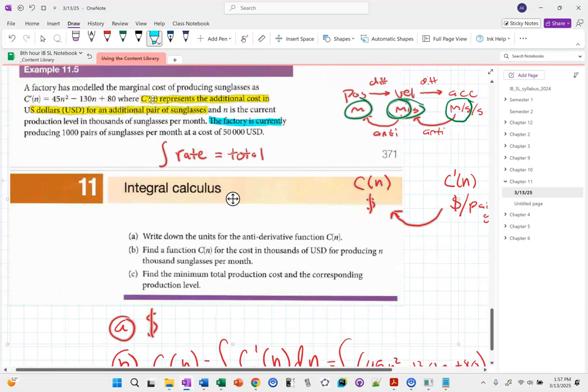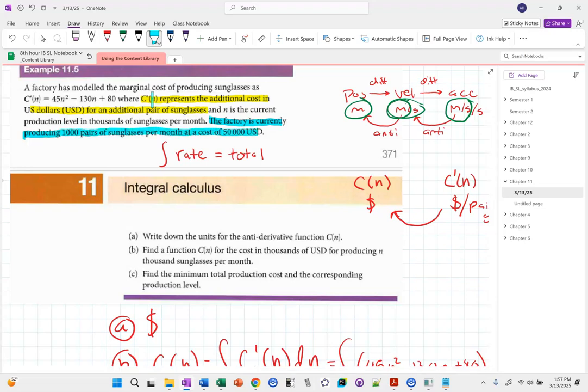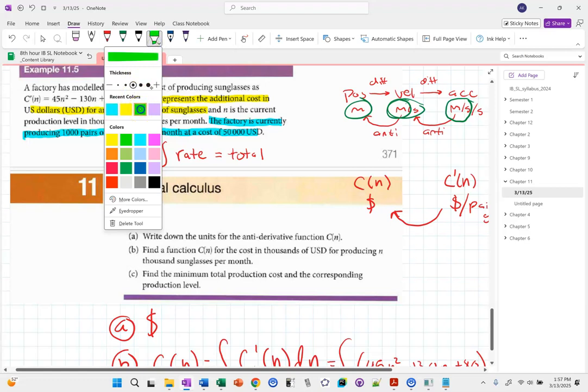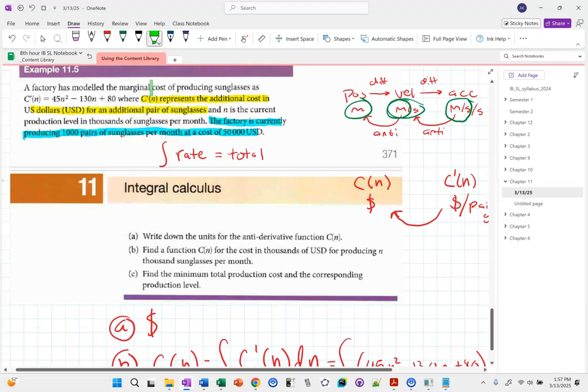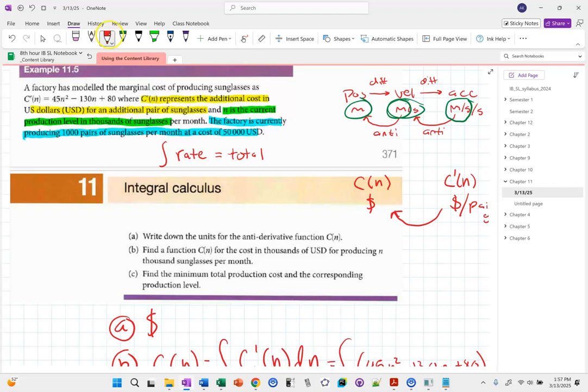Well, it does tell us the factory is currently producing 1,000 pairs of sunglasses per month at a cost of 50,000 US dollars. So that sounds like a point to me, but I have to be careful because they're being really rude with our units. We were told that n is the production level in thousands of sunglasses, so 1,000 glasses really means that n is equal to 1.